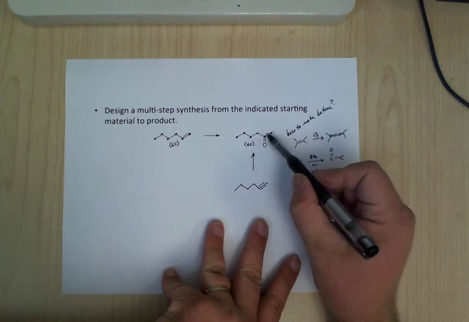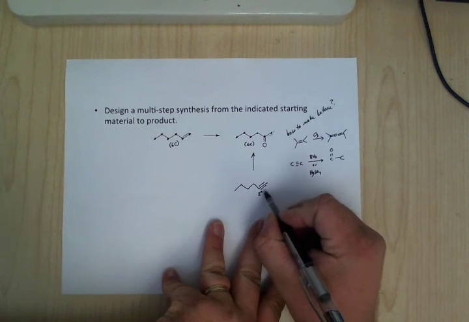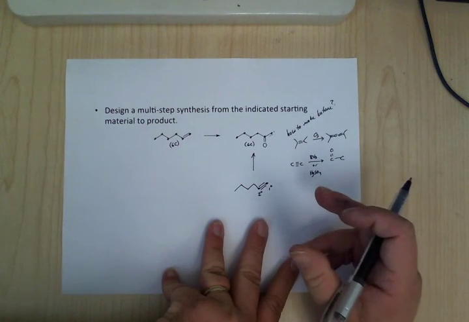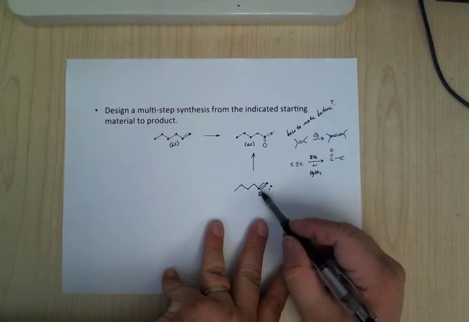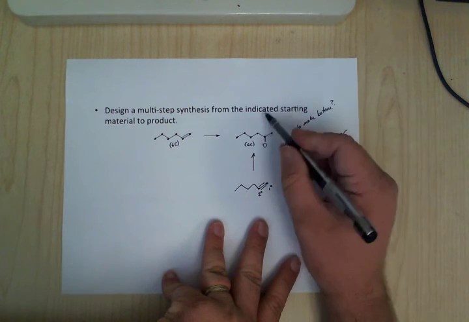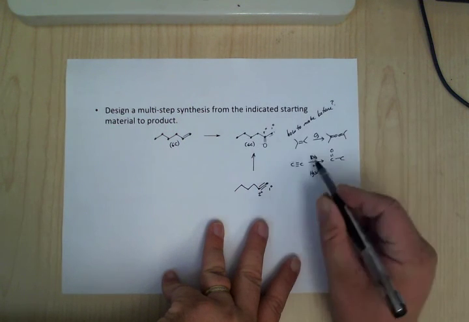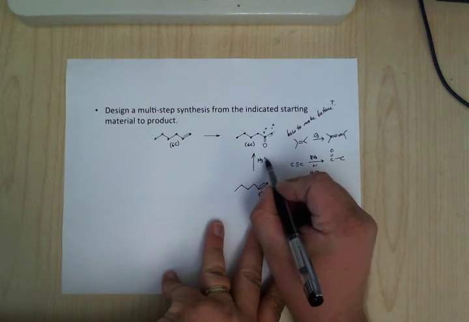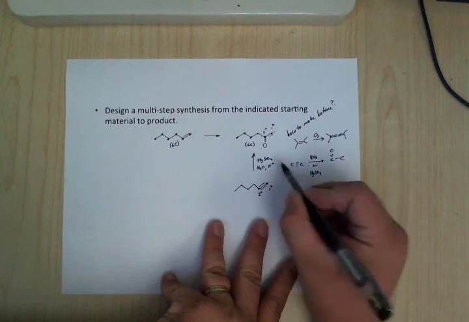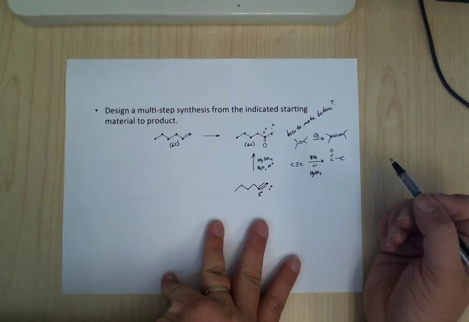If we put it here, notice how we have a secondary carbon versus a primary carbon. Now we can get selectivity. So we want to put the ketone on the more substituted side, secondary versus primary. That means we're going to have to do this mercury sulfate, like that.